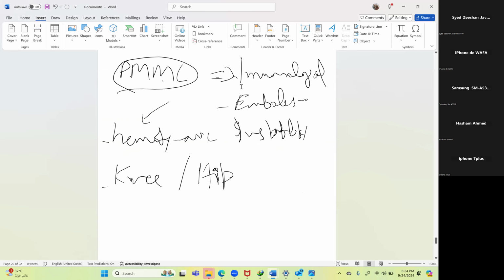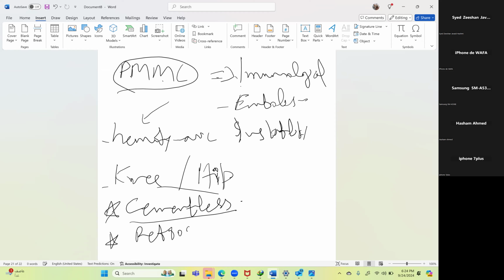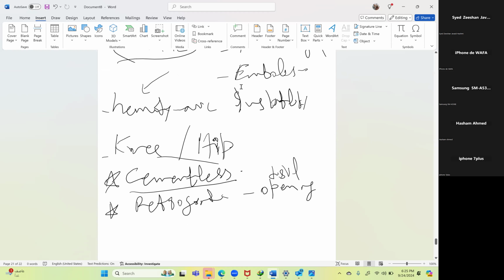What's important is that you anticipate, because it's a complication which you can anticipate beforehand. Now there are some cementless knee surgeries in which they don't use cement. This is one option. The other option is that they put it retrograde, and they open a distal hole, so that the intramedullary pressure does not increase too much.